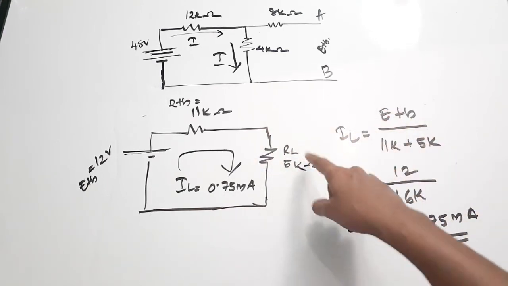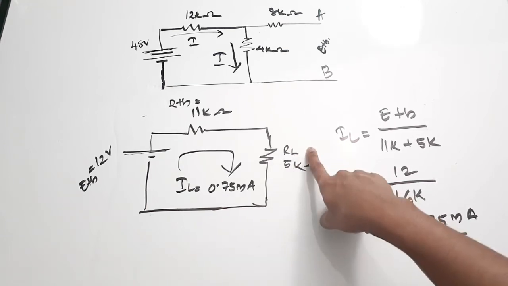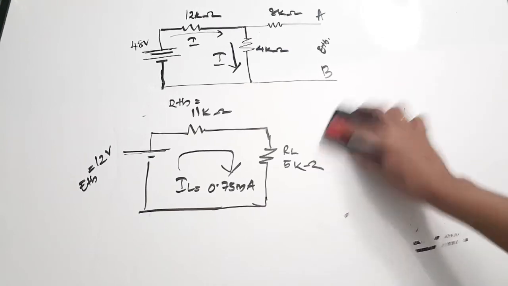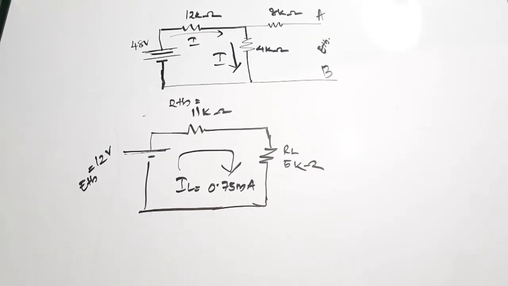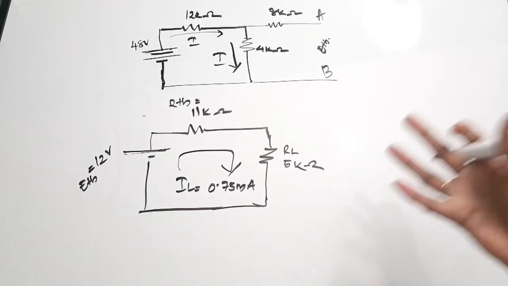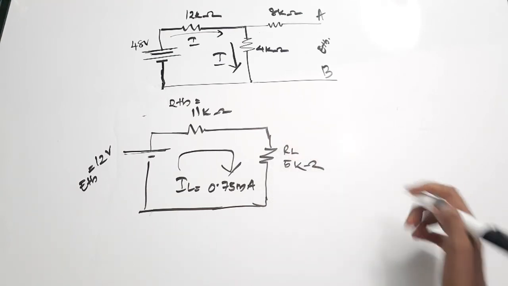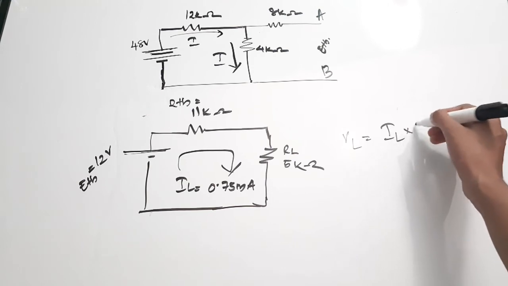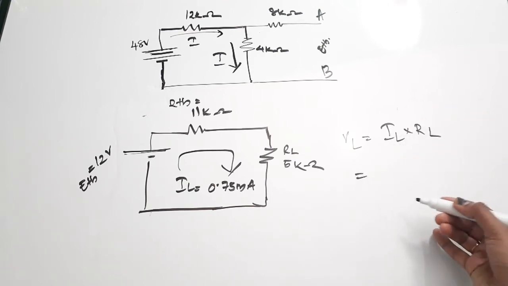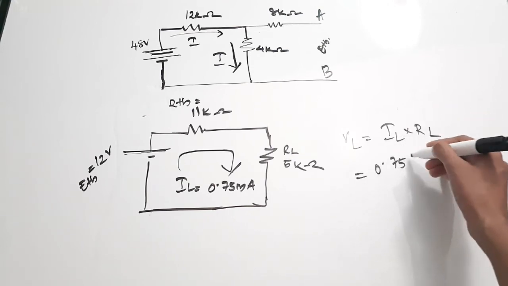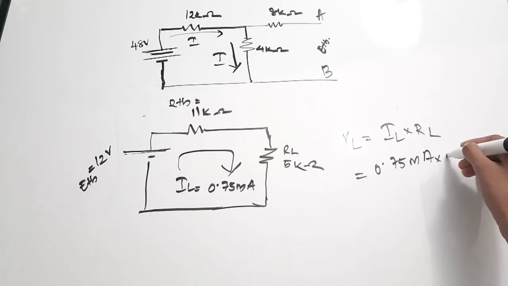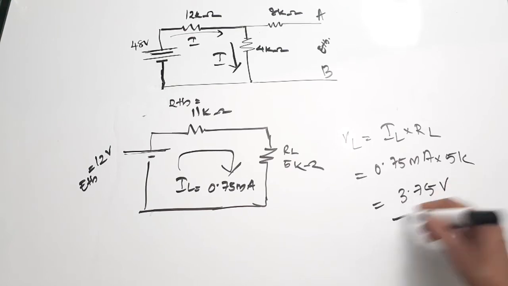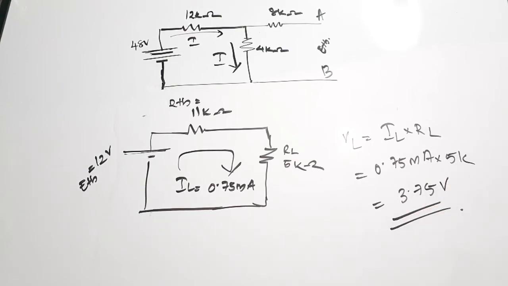The voltage VL is equal to IL into RL. What is IL? It is 0.75 milliampere into 5K. So that will be equal to 3.75 volt. Okay, so these type of questions can also come.